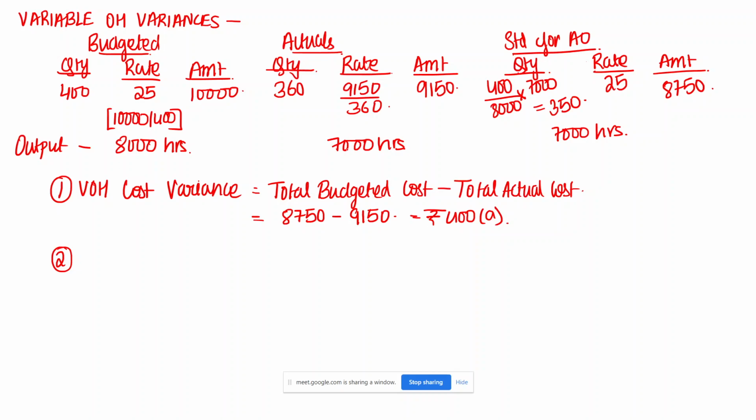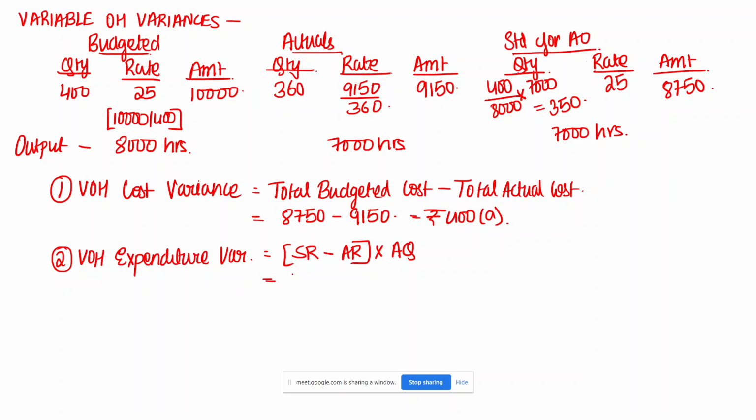Again, there are two reasons, change in the quantity and change in the rate. So we are going to find that out. Variable overhead expenditure variance. Only the name is different, concept is same. Standard rate minus actual rate into actual quantity.